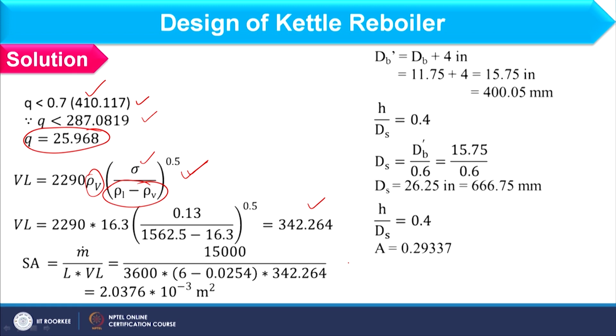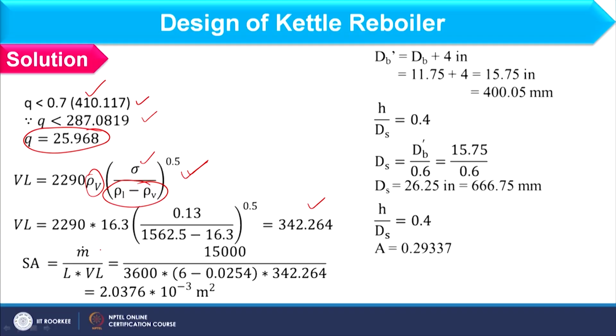Okay. Now, once I have the VL value, we can find the segment area as m dot by L into VL, right. So, m dot you know already, that is 15,000 kg per hour of chlorine vapor we are generating. So, that should be converted into per second also, and here L is basically L effective, right. And here you should also keep in mind that L is basically the length of the tube bundle. Okay.